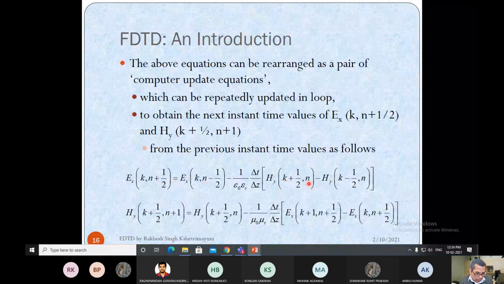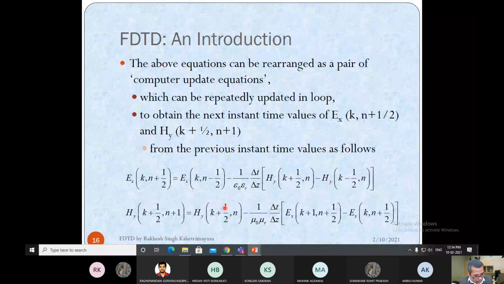When I calculate this electric field at n plus half, at the latest time instant, I want the knowledge of the electric field at the previous time instant, and I also want the magnetic field in the neighborhood, because we are calculating Ex at k, but Hy at k plus half and k minus half is the neighborhood, near to k, at the previous time instant. So I need the previous values of the electric field and magnetic field. I cannot calculate them at the same time. I will keep on doing the update. So this is called the update equation.